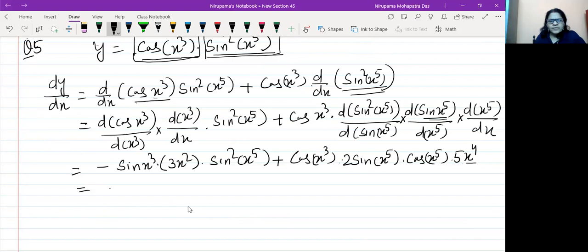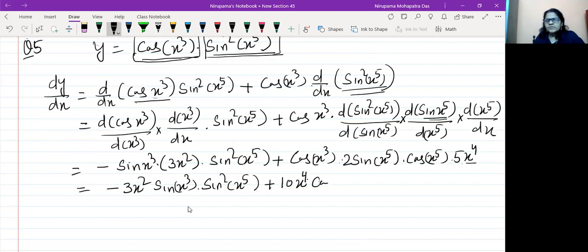You may write it like this: minus 3x square sin x cube into sin square x to the power 5, plus 10x to the power 4 cos x cube sin x to the power 5 into cos x to the power 5.